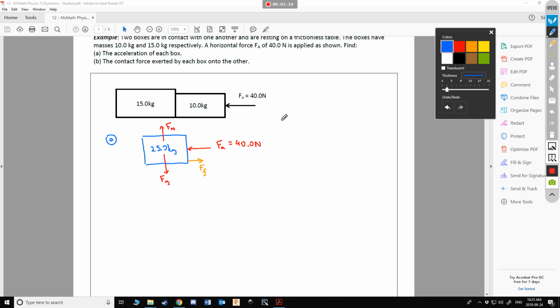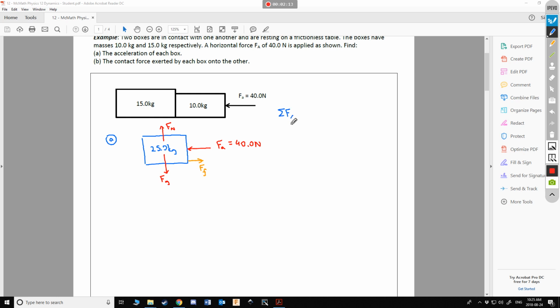So let's see what our acceleration is. Sum of the forces in the x direction. I'm going to define left as positive to make my life a bit easier, so left is positive and up is positive. The sum of the forces is equal to mass times acceleration in the x direction. What forces are causing this acceleration? We have Fa pushing to the left, and we have force of friction opposing that.